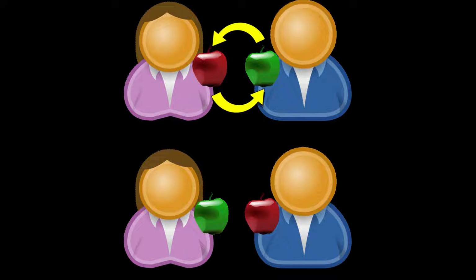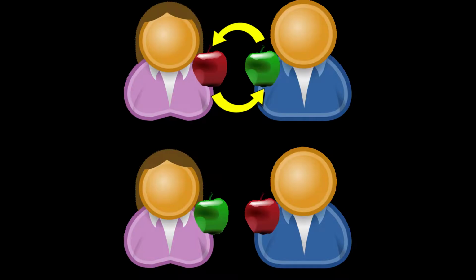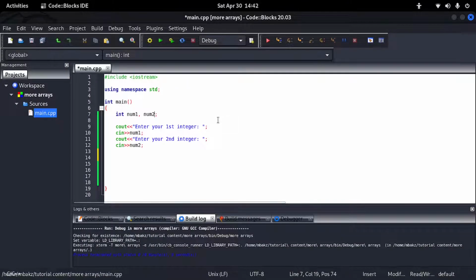For example, if you have two different items, one in each hand, both hands are occupied. In order to take the item from your left hand to your right hand, you cannot, since the right hand is occupied. So you must put one down, then swap, and then take the one that is down to your other hand. I hope you got my example.